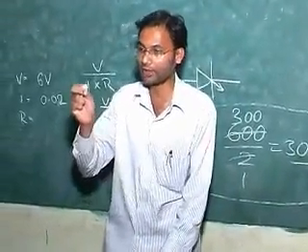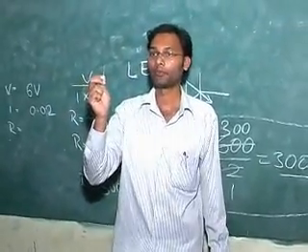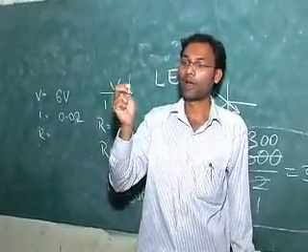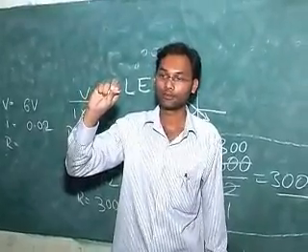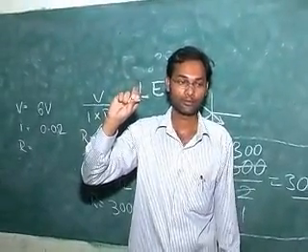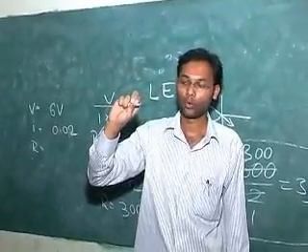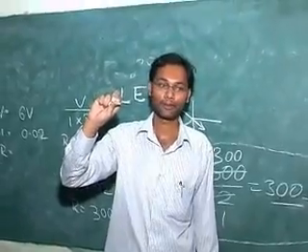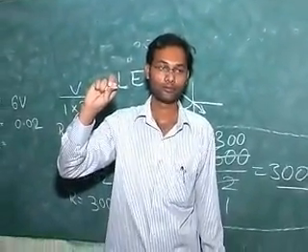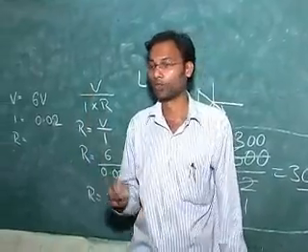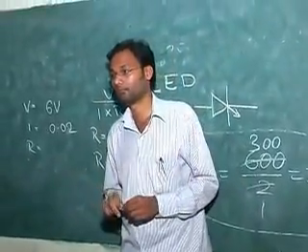Here we have a resistor. And the value of this resistor is 300? No. What is the value of this resistor? We don't know. Why?